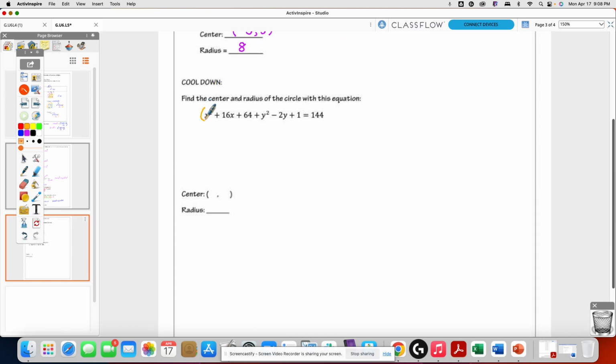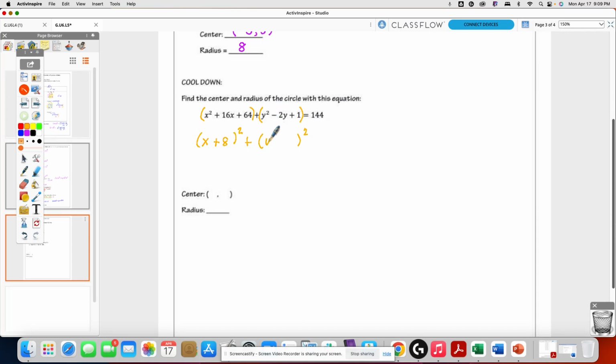So again, we group these terms together, x squared plus 16x plus 64, and write it as a square of a binomial. So inside the parentheses, you would have x, and then 16 divided by 2 is 8. So we have x plus 8 squared. And then for the y, group them together and write it as a square of a binomial.